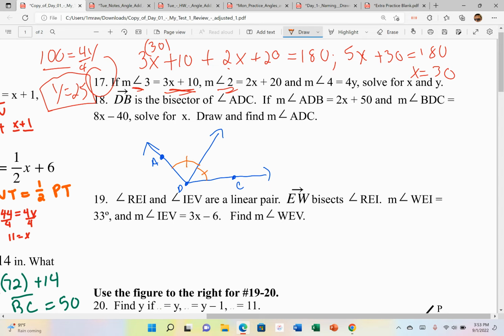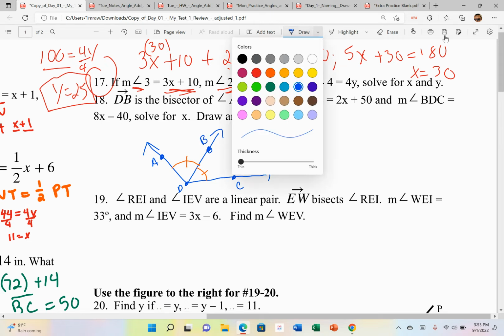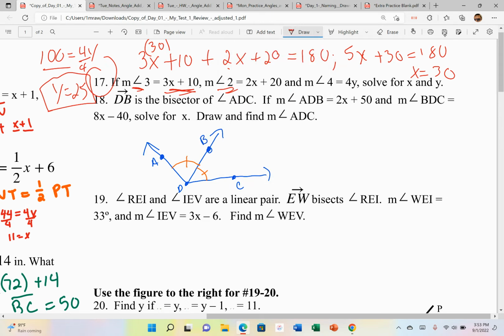If the measure of angle ADB, I should put B over here, by the way, equals 2x plus 50, and the measure of angle BDC equals 8x minus 40, solve for x, draw and find angle ADC.